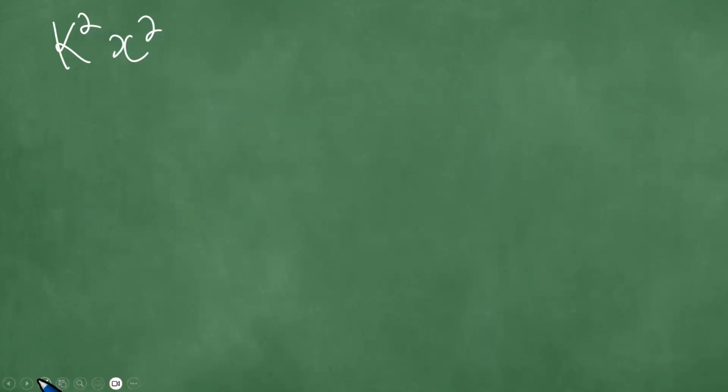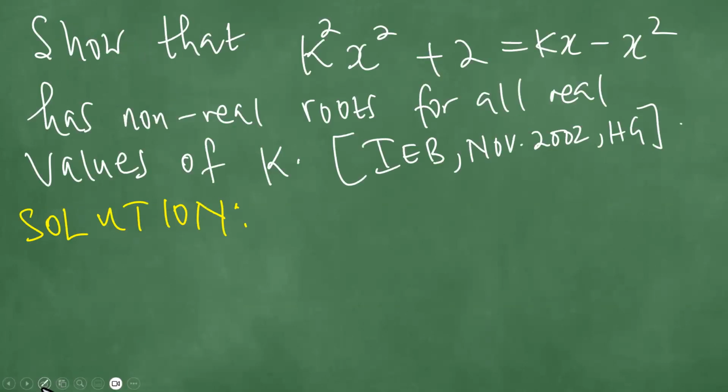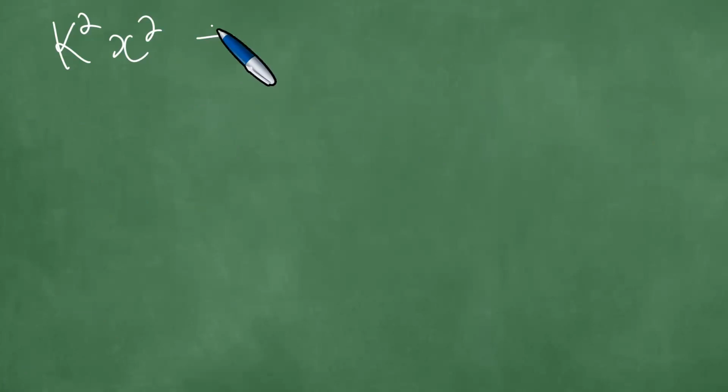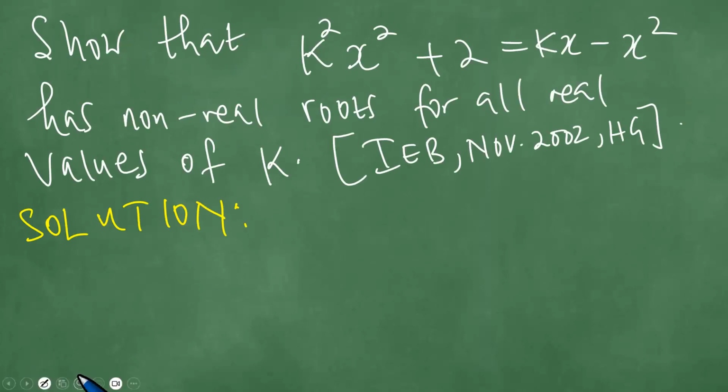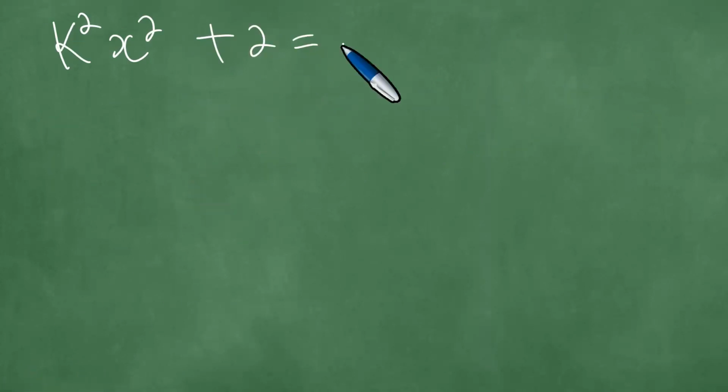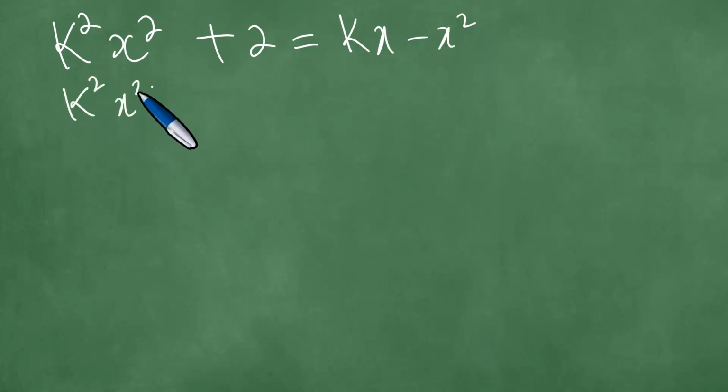Okay, k squared x squared plus 2 is equal to kx minus x squared. So at this point, you must write this one in standard form.